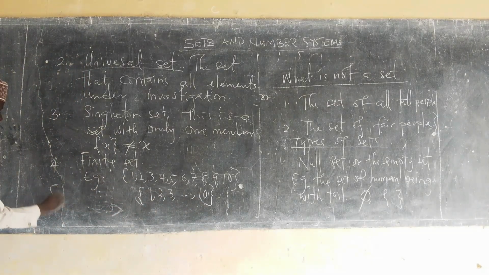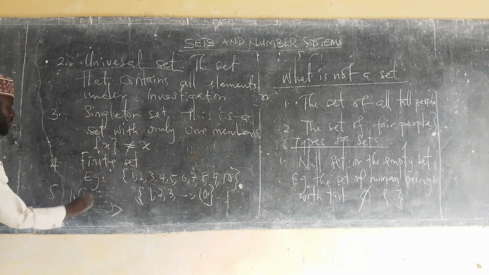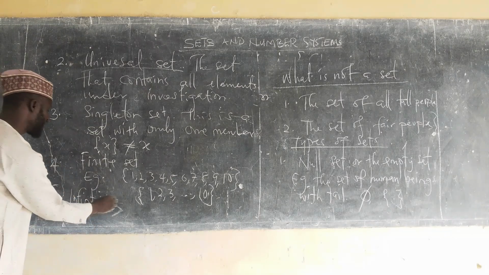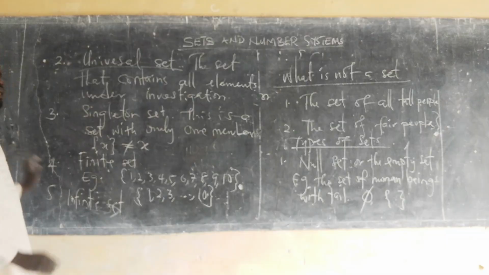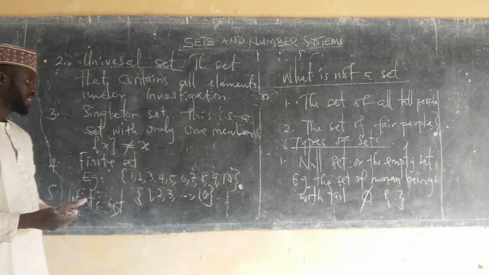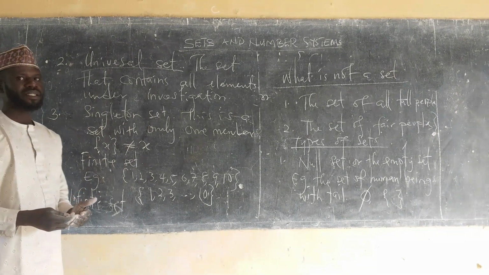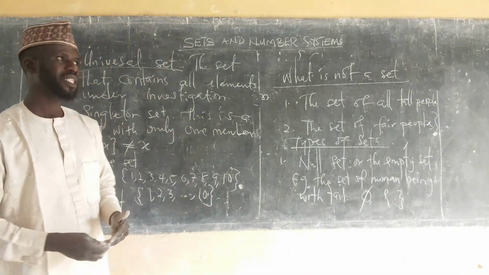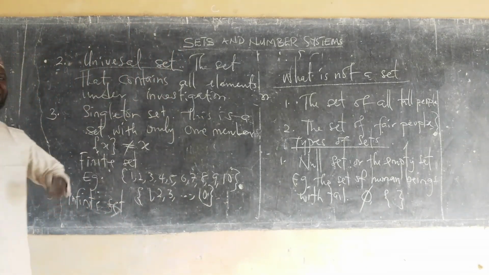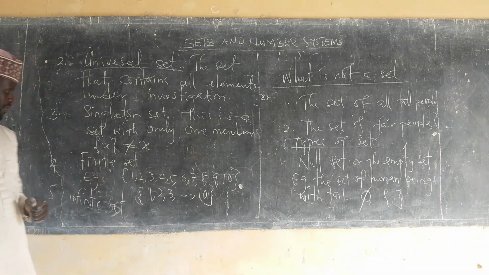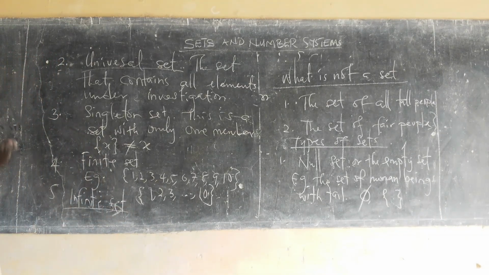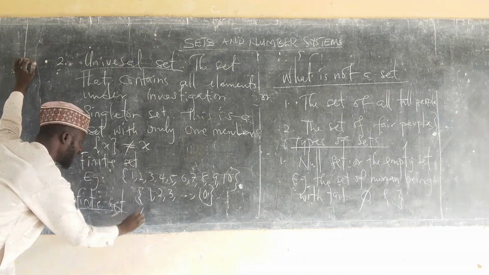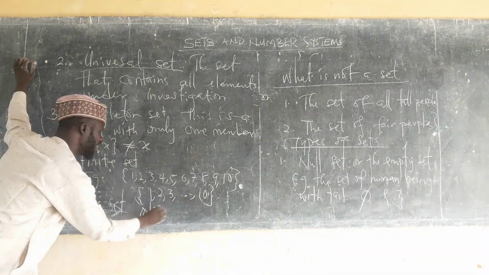Opposite to that is an infinite set. This is a set that you cannot exhaust the members. You cannot mention the last member of the set. For example, the set of natural numbers. Let me formally define it.